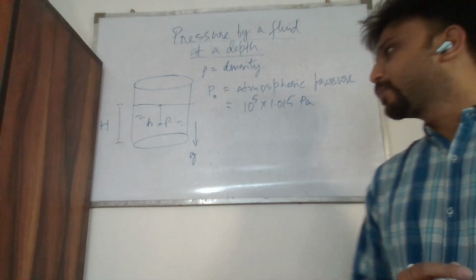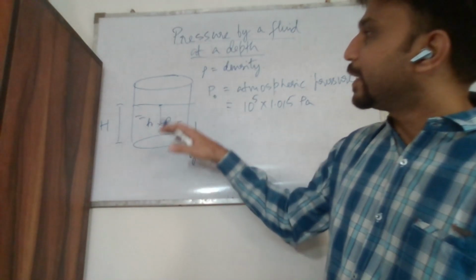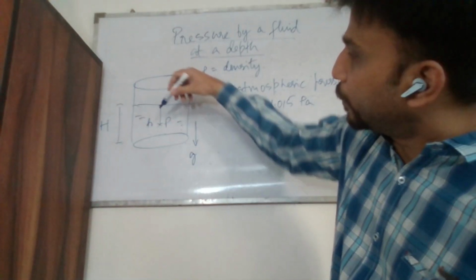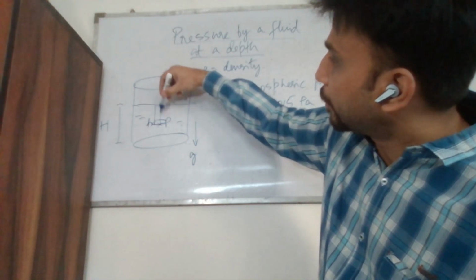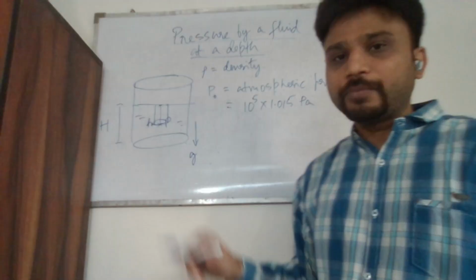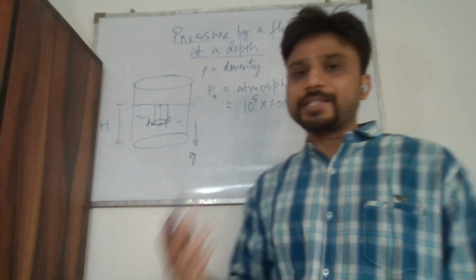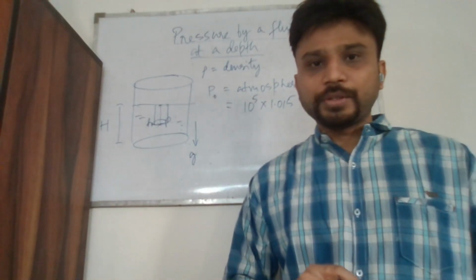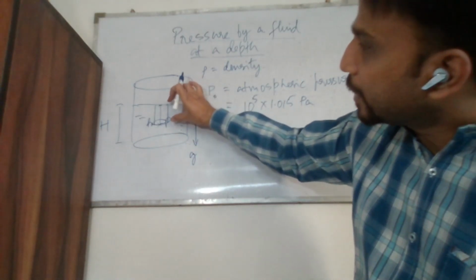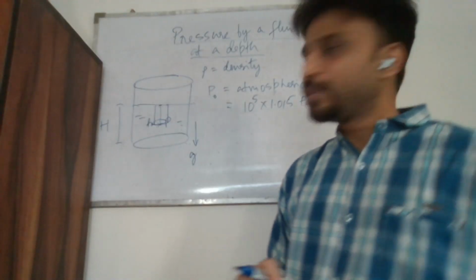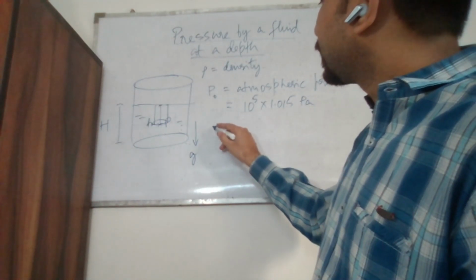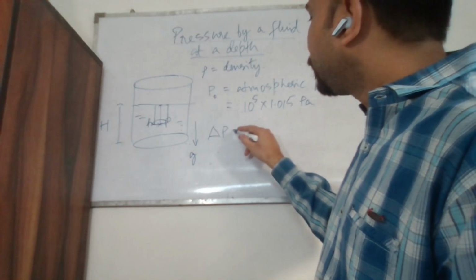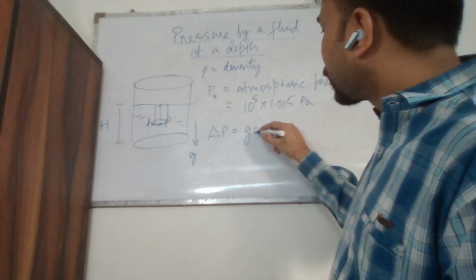So whatever pressure is exerted by this part of the fluid, that is this particular part at point P, we will add this atmospheric pressure as well. This then becomes the total pressure at point P. What is the pressure exerted by this part that we have to find? That value is simply represented by delta P. It is called gauge pressure.